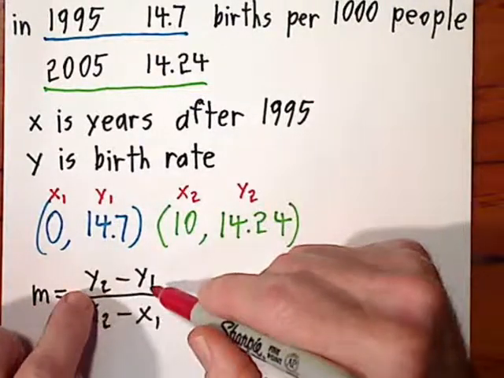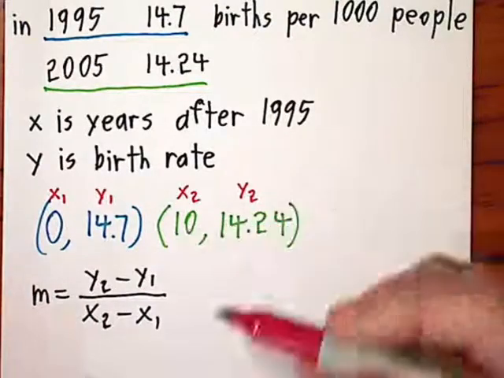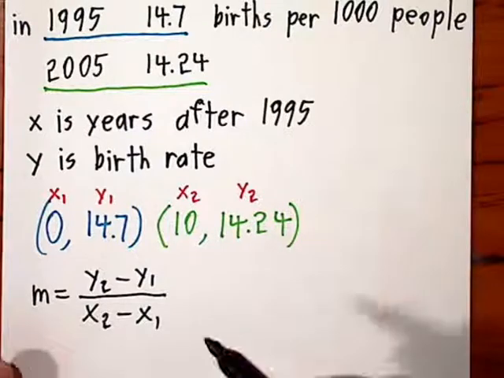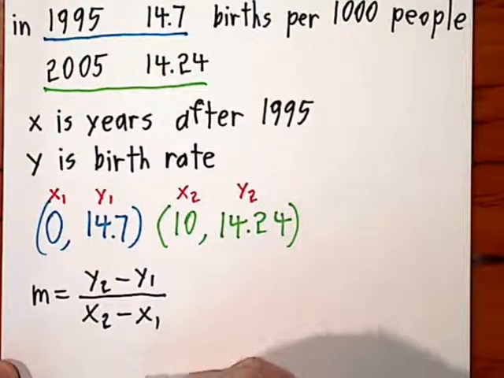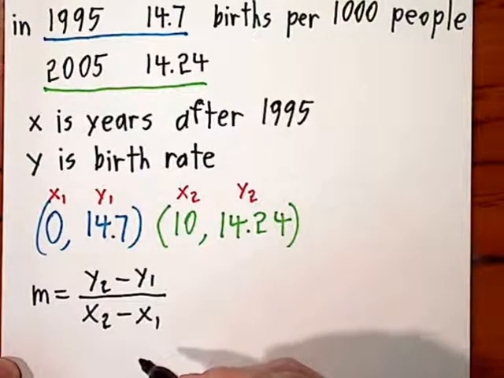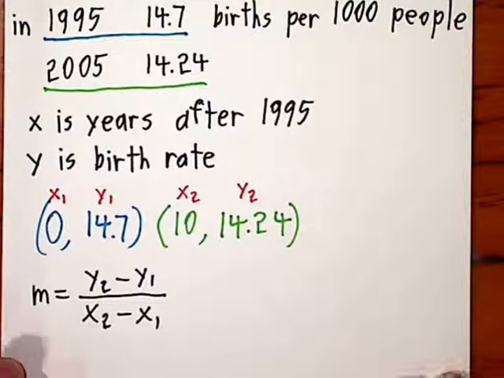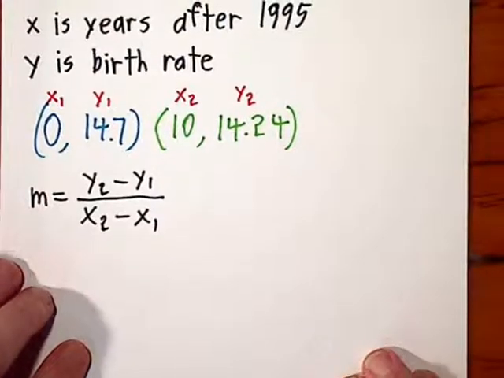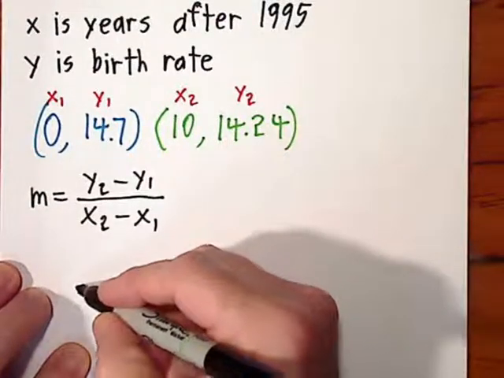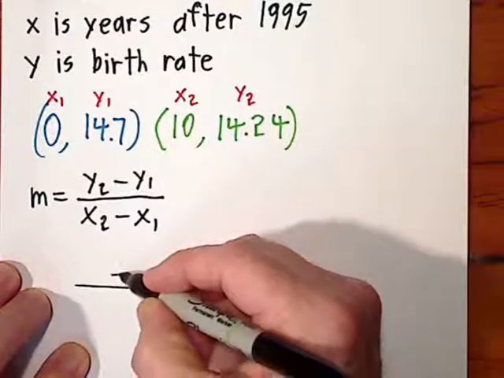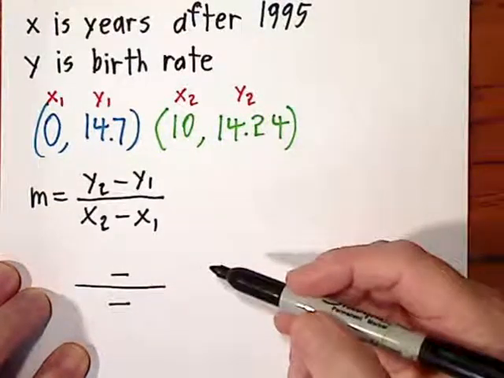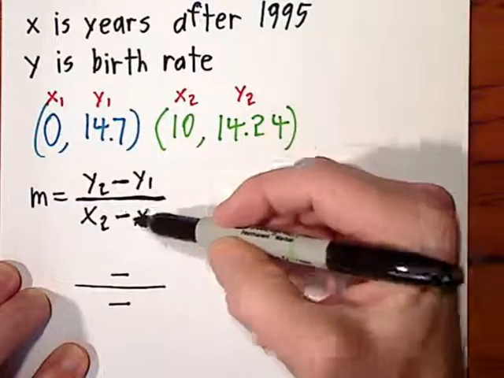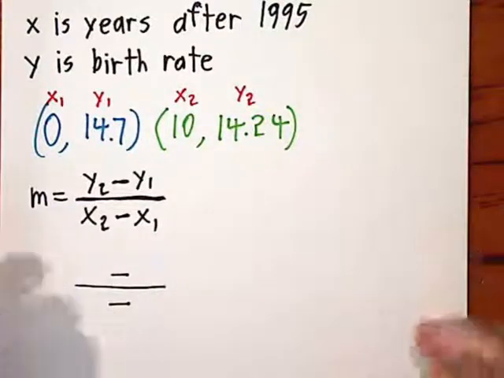Now we're going to plug these values in here, and we'll be able to calculate the slope. Before I plug anything in, I have this sitting here. This is what's already on my paper. And now I'm going to plug in these X and Y values.